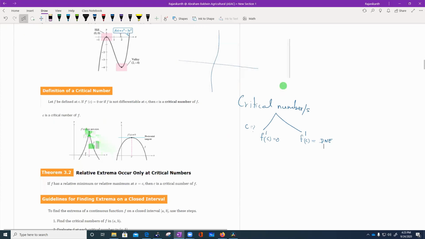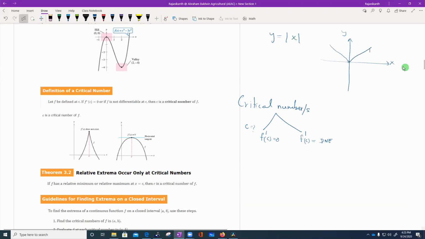Do you remember the curve we learned, y is equal absolute x? Do you know how to draw this? We already have discussed. The absolute x function is like a V curve, right?